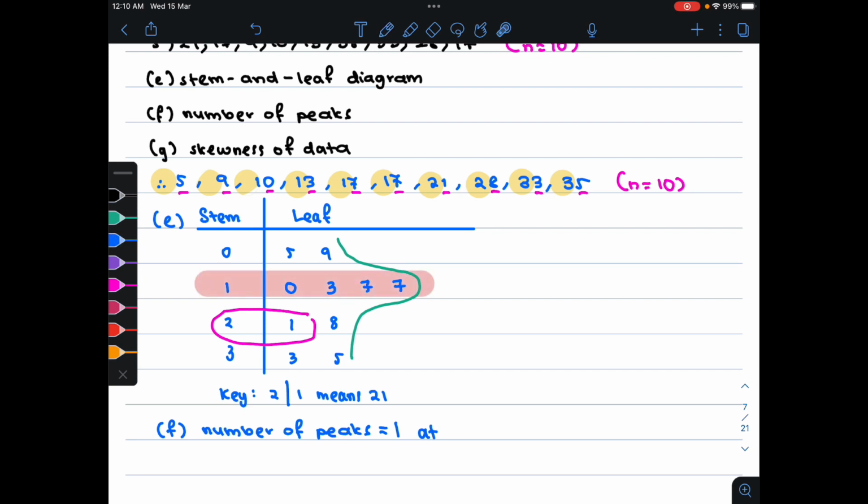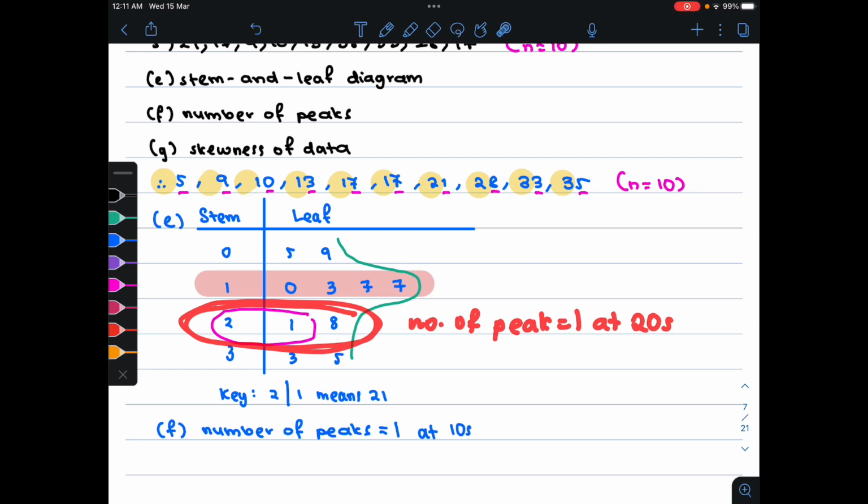And you know that here, the group will be tens, since this is the stem for 10, 13, 17, and 17. Now, what if your peak is here? Therefore, you can say that the number of peak is 1 at 20s.